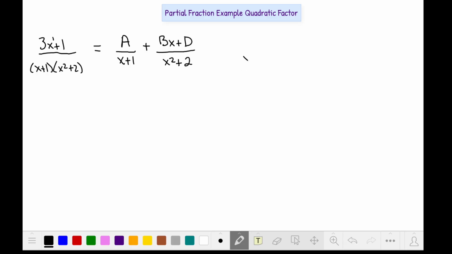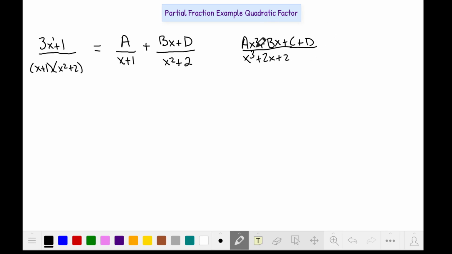So for example, if it was x cubed plus 2x plus 2, well, the highest power is 3, so that means I would have to drop the top one down by 2. So in this case, it would look like ax squared plus bx plus c. So power of 3 means that the top is only a power of 2.